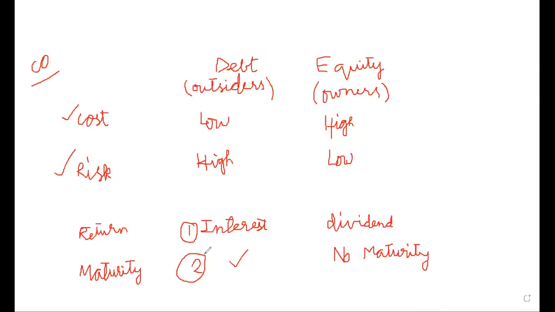In that case, it causes dissatisfaction among the shareholders, the equity holders, the owners. If they are dissatisfied with the position of the company, there is a chance that they can withdraw their investment. How does it happen? When there is no maturity period, will the company pay?